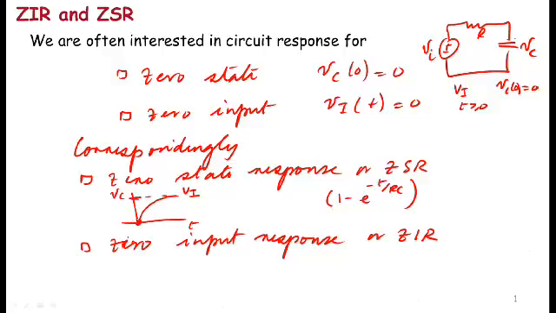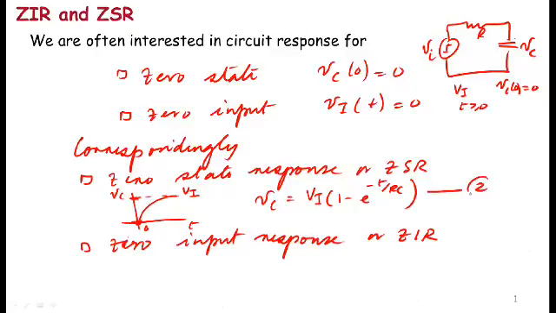The difference between these two is simply VI minus 0, or VI. There is no offset from which it is starting because the state of the capacitor is 0 at time t equal to 0. Therefore, the zero state response is simply given by VC of t equal to VI times 1 minus e raised to minus t over RC.